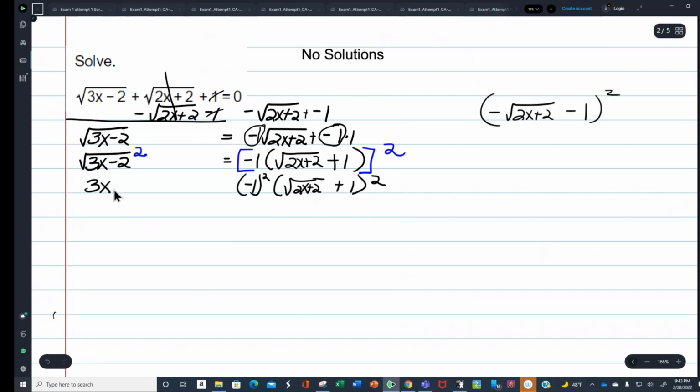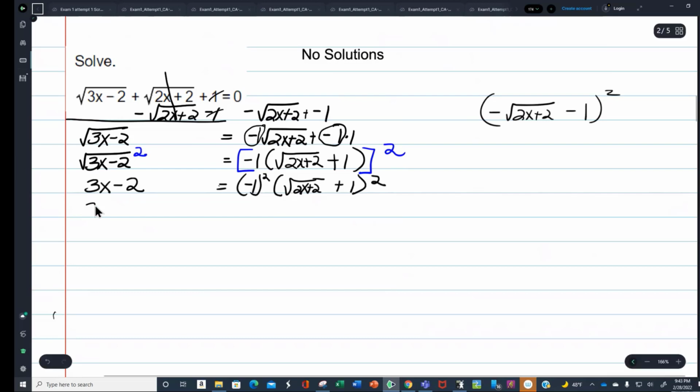It's worth an extra step. So now that I've squared the square root of 3x minus 2, that gives me just 3x minus 2 equals negative 1 squared times parentheses the square root of 2x plus 2 plus 1 squared.